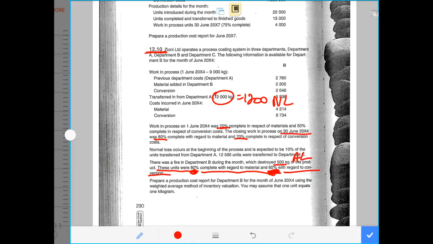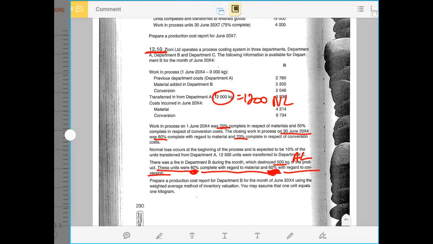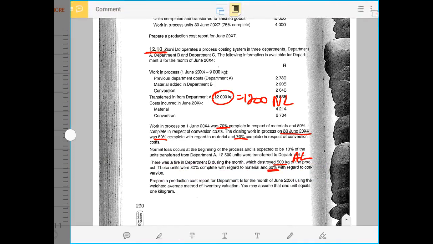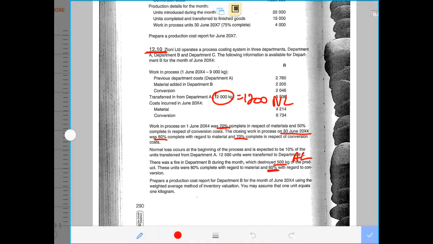Only 80% under the material and 60% under the conversion cost, because these units were 80% complete. Therefore, now only 80% can be abnormal loss. And with regard to the conversion cost, the units were 60% complete, meaning that we have to allocate only 60% of that to the conversion cost, because we expect 60% of the loss, because these units were 60% in terms of completion.